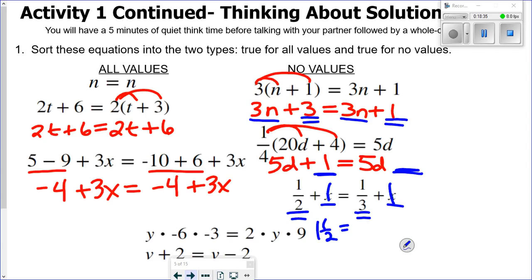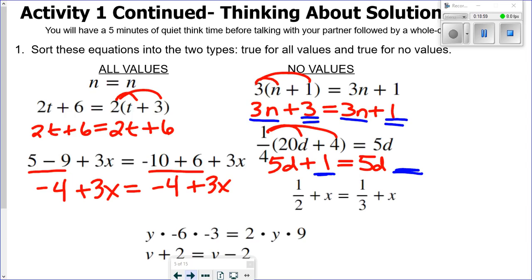If I input 1 on the right and add 1 with a third, I get 1 and 1/3. I know that 1 1/2 will never be equivalent to 1 and 1/3. So you can always do that and test any integer or any number at all in any of these equations if you're unsure of why it belongs in which category.